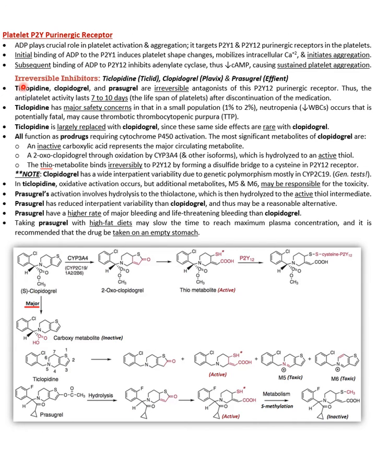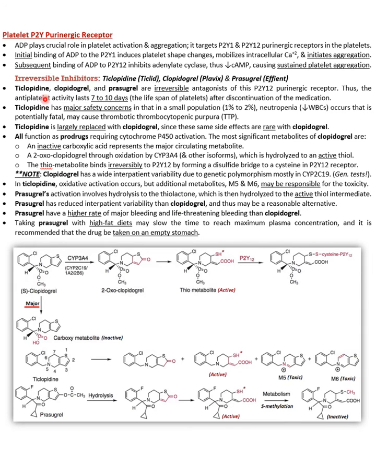One of them is the irreversible inhibitors. Those are the ones that bind to the receptor P2Y12 irreversibly. The examples are ticlopidine, the brand name is Ticlid, the famous clopidogrel, the brand name is Plavix, and prasugrel, the brand name is Effient.